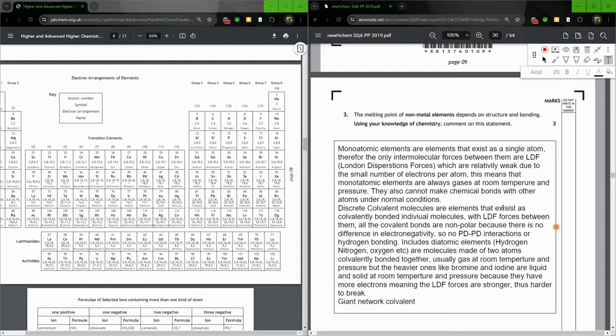And then we can talk about the exceptions. So it's basically sulfur and phosphorus. Sulfur forms S8 molecules, and phosphorus forms P4, and they're both solid at room temperature because of the extra electrons in each molecule, because you know there's 4 of them.